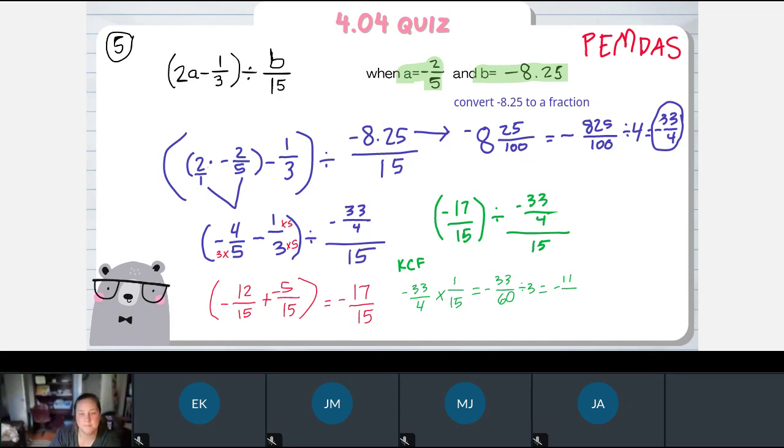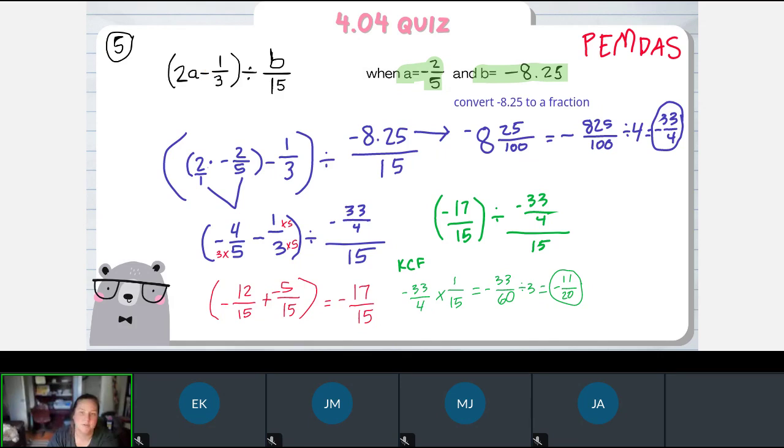Very good. Okay. So now we've got this fraction. And we need to go back to our original problem right here. So now we have negative 17 over 15 divided by negative 11 over 20. And this will be the last part.